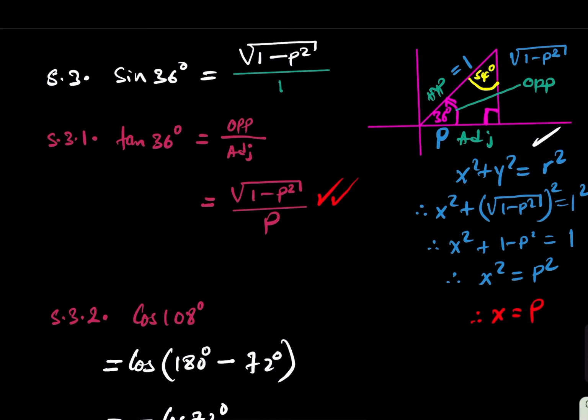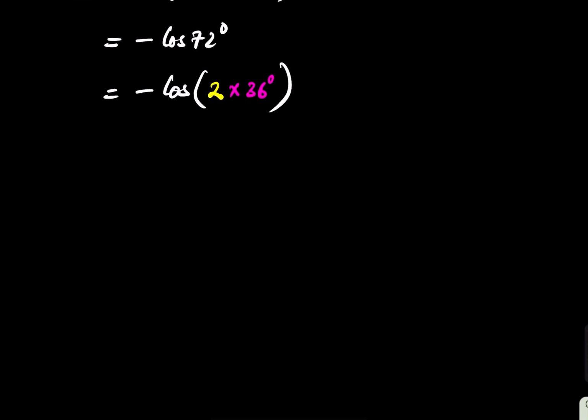I was given that sine of that is the same as root of 1 minus p, so you can say this equals minus, you open the brackets, and I'm thinking of cos: twice cos squared of x minus 1.